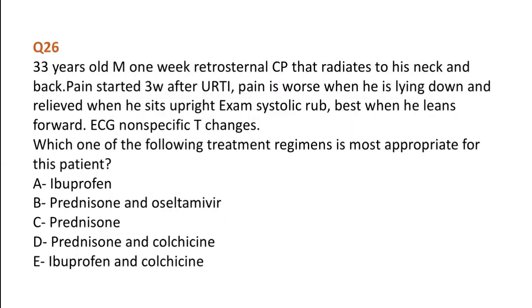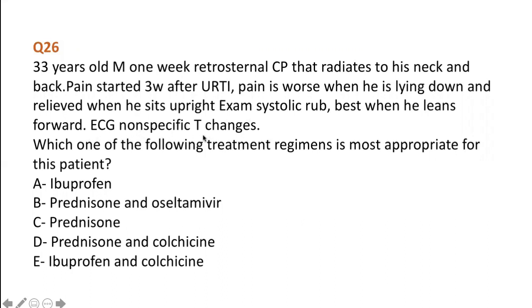Okay, this question comes up in your exam, almost every exam. A 33-year-old male patient with one week of retrosternal chest pain radiating to the neck. The pain started 3 weeks ago after an upper respiratory tract infection. The pain worsens when he's lying down and is relieved when he's sitting up. On exam, there is a systolic rub, best heard when he leans forward.